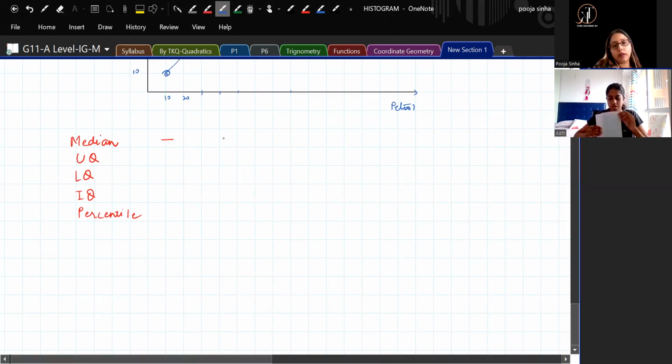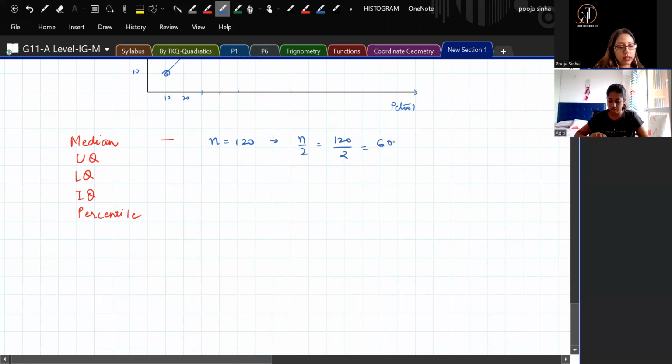So for the median, what do we do? Median means, what is the total frequency for us? It is 120, so you would divide it by 2. So n is equal to 120, and for median we do n by 2, which in this case is 60.